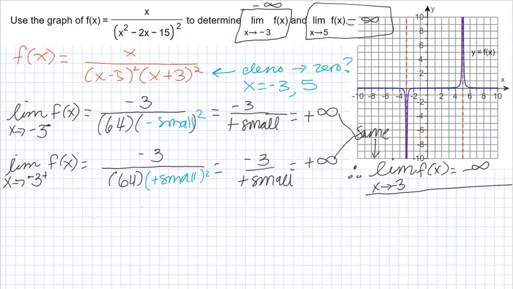Okay, so that's how you would think about that algebraically if you didn't have a graph. Now, the same thing will apply if you were to approach 5 from the left and 5 from the right. And I'm going to leave that for you to justify.